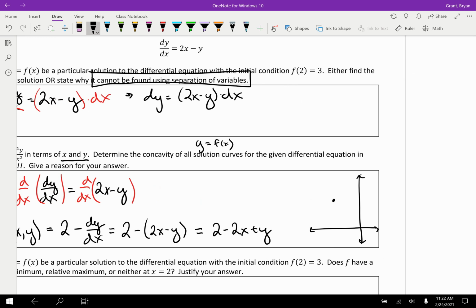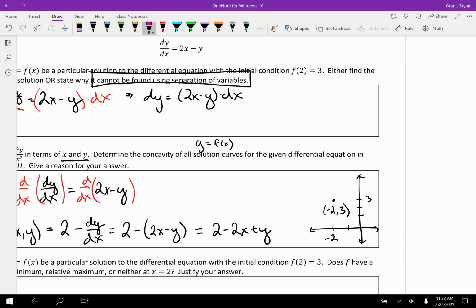I'll pick some numbers, doesn't really matter. Let's say this is the point -2, 3, pretty representative of any point in quadrant 2. In particular, the x-coordinate is negative, and the y-coordinate is positive. Any point you pick in quadrant 2, not on the axes, will have a negative x and a positive y. So what does that tell us about d squared y over dx squared?